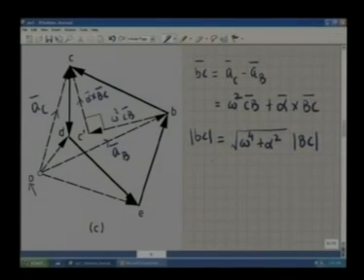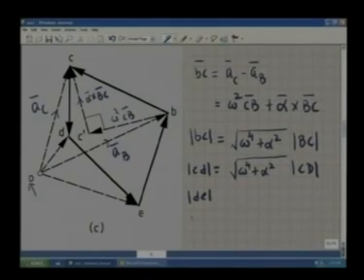The same way we can prove, in exactly the similar way, that the magnitude of CD, this vector, will be square root of omega to the power 4 plus alpha squared into magnitude of the vector capital CD. And this will be true for the other two vectors, namely DE and EB.